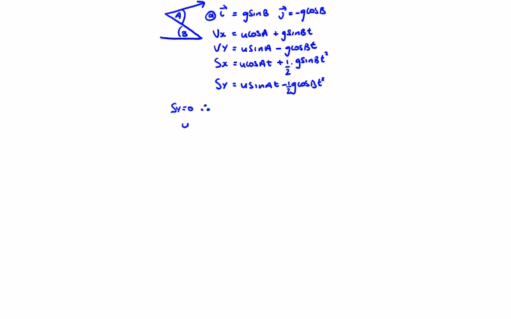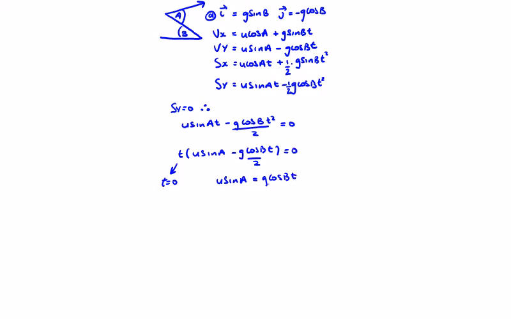Therefore we get u sin alpha times t minus g cos beta times t squared over 2 equals 0. Factor out your t to get u sin alpha minus g cos beta times t over 2 equals 0. Ignoring the initial time, I get u sin alpha is equal to g cos beta times t over 2. So 2u sin alpha divided by g cos beta is the time taken to get there.